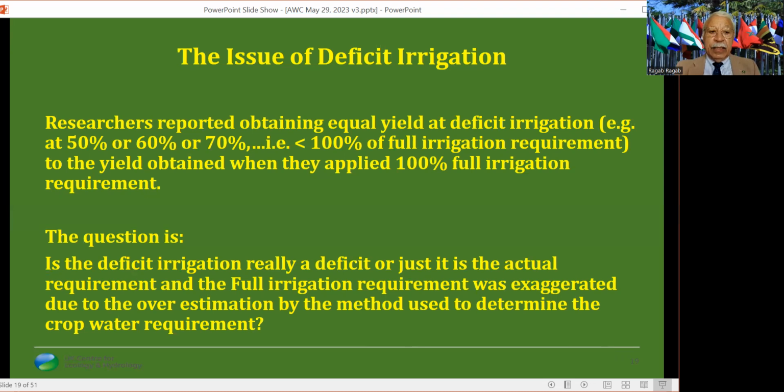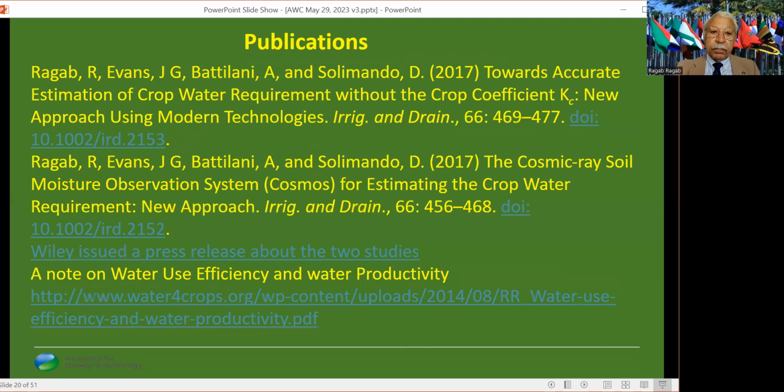The question now is: is the deficit irrigation really a deficit, or is it just the actual requirement, and the full irrigation requirement was exaggerated due to the overestimation by the method used, like this FAO modified equation, to determine the crop water requirement? And there are some publications here.